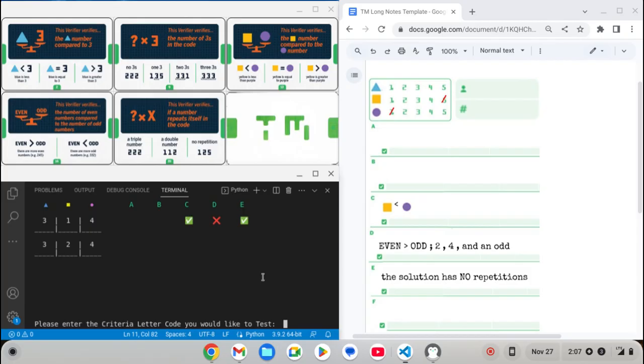Let's go ahead and test criteria card B first. We know, if there's a 3, great. If not, we know it's going to be a 1 or a 5. So let's go ahead and test B. Okay, so there is a single 3-digit. Let's go ahead and type that up in our notes for section B, and we'll say that the solution has a single 3-digit.